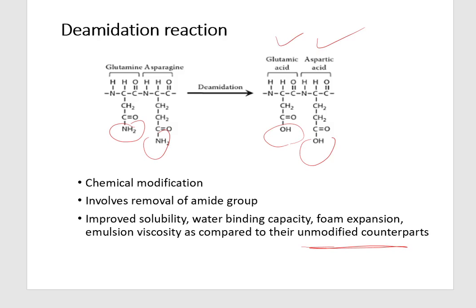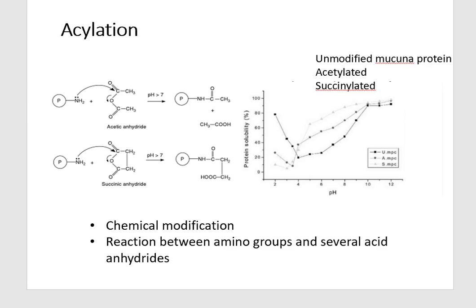So let's see another chemical modification, acylation. It's the reaction between amino groups and several acid anhydrides. It's a chemical modification. Common acylation agents are acetic anhydride or succinic anhydride.